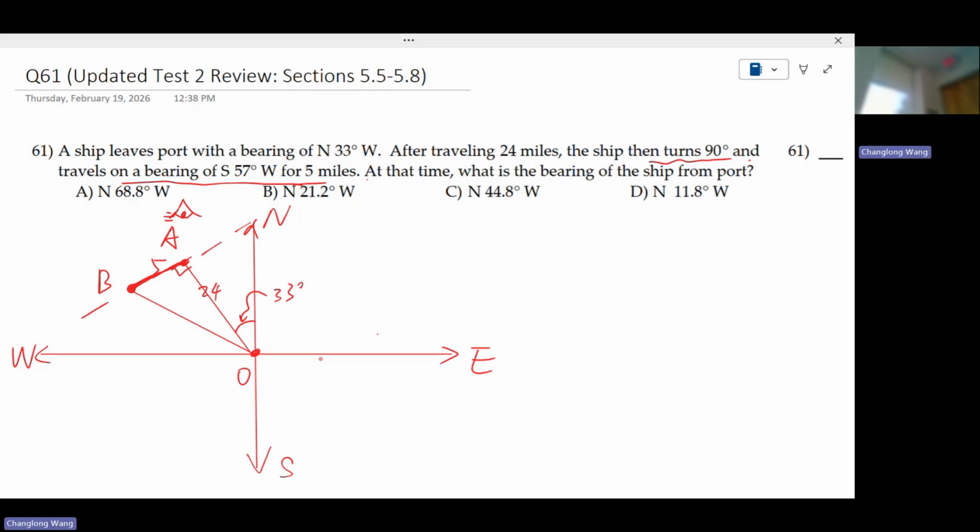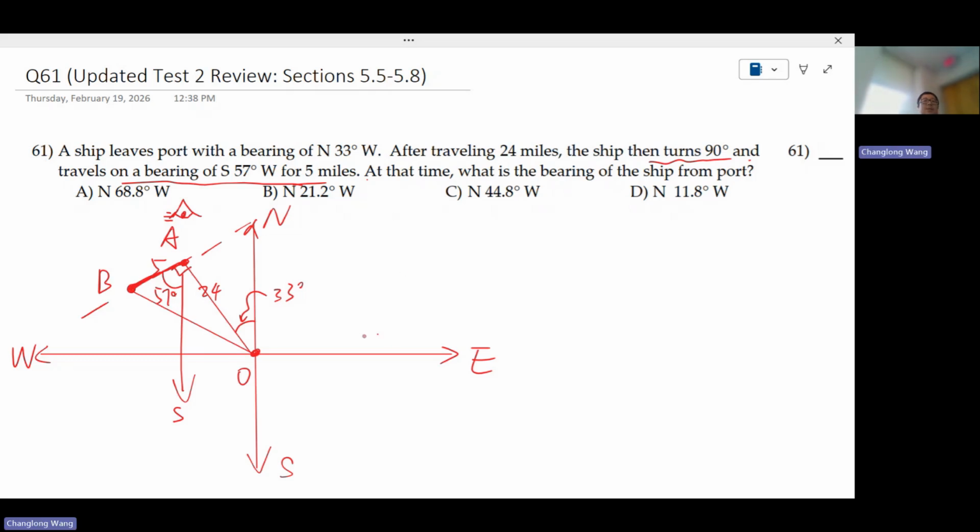So we're facing south on the ship, and we are turning to the west, which is on our right, turning to the west by 57°. So it will be an angle between this vertical line, which is straight to the south, and the side AB. So that's 57°.